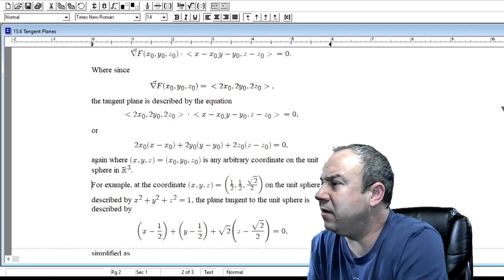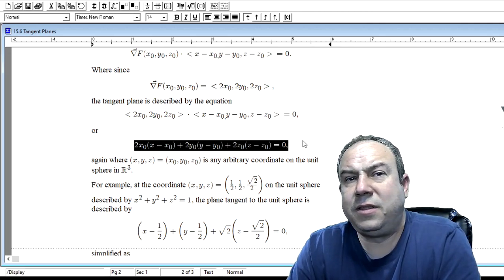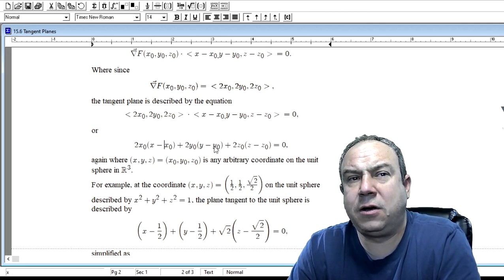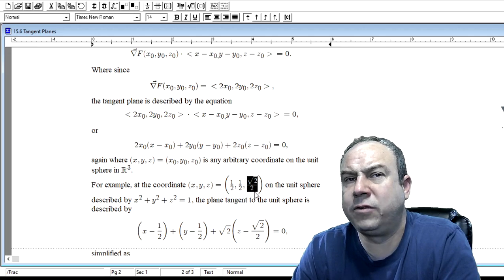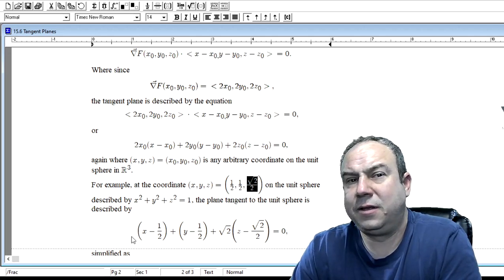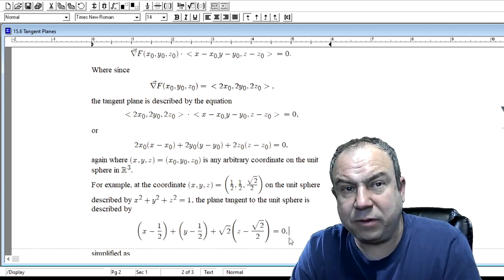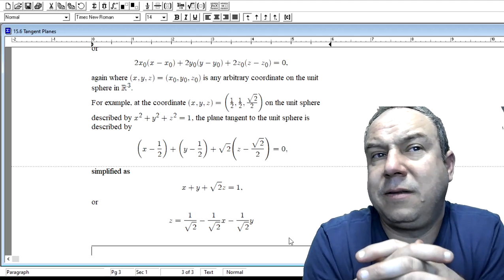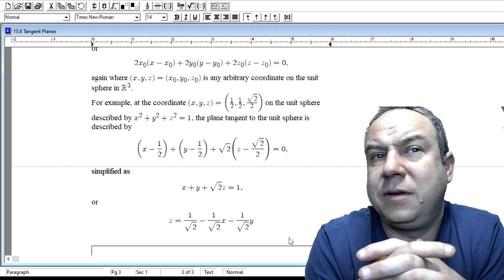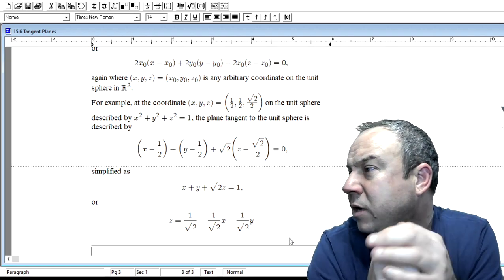So plugging that value for x null, y null, z null into this equation, 1/2 for x null, 1/2 for y null, root 2 over 2 for z null, you build this equation seen here, which can be simplified. You can expand, combine like terms and solve it for z, and you might end up expressing this equation seen here.